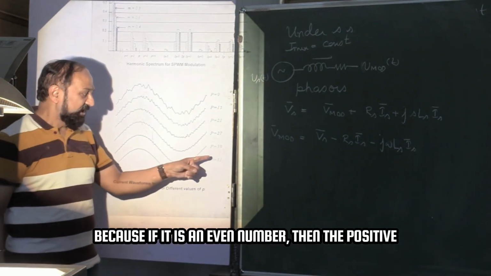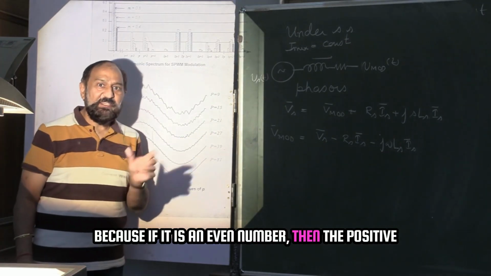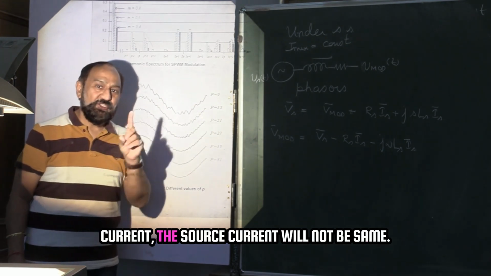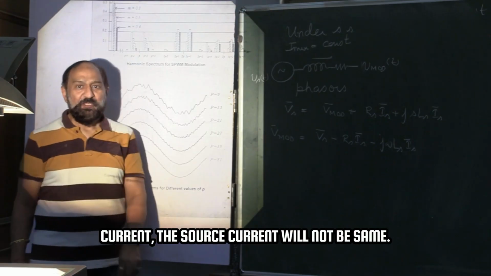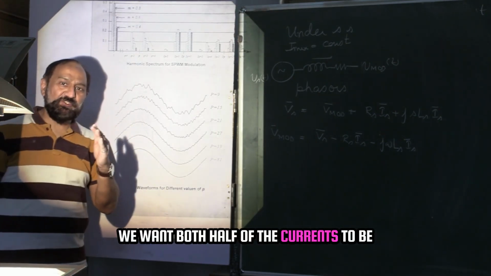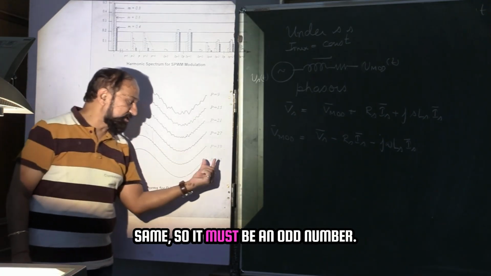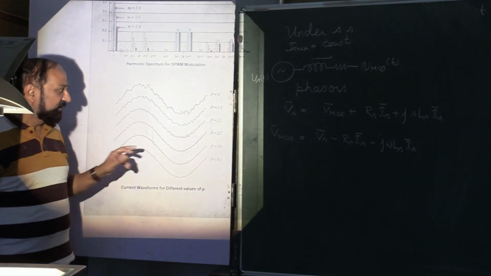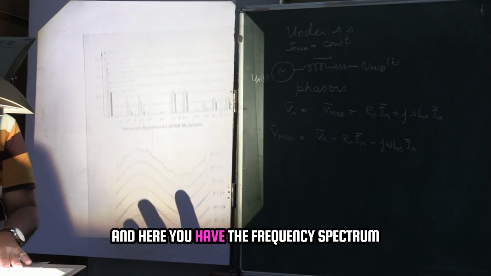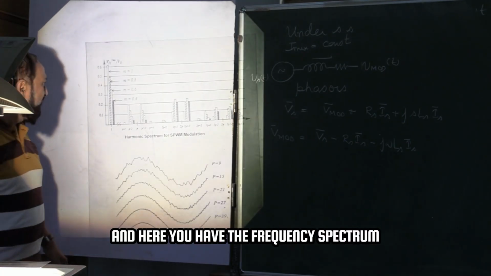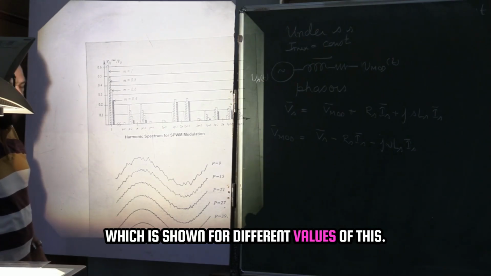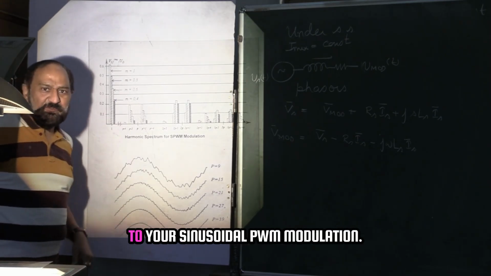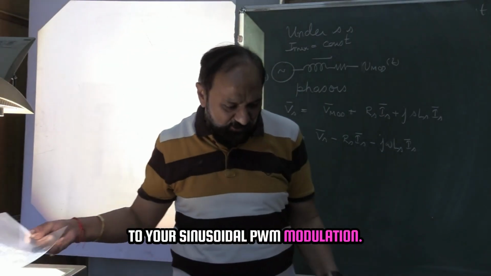Because if it is an even number, then the positive half and the negative half of the source current will not be the same. We want both halves of the current to be the same, so it must be an odd number. And here you have the frequency spectrum, which is shown for different values of this. Yes, the frequency spectrum will be similar to your sinusoidal PWM modulation.